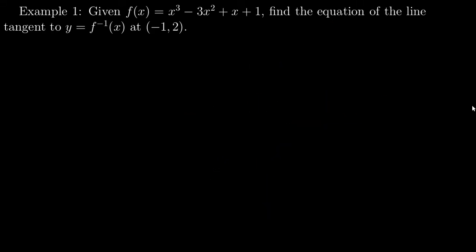Now let's see two examples. The first example is this. I want to find the equation of a line tangent to the inverse of this. For tangent, first off, I always start off by finding the point. And hey, they give me the point. So that's old stuff. Now the new stuff, slope. I'll go step by step. The first step is finding the input for, in this case, the f function.